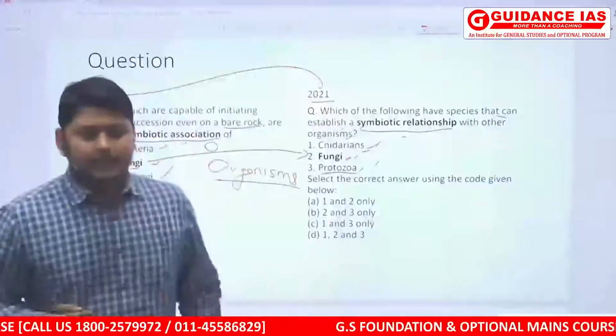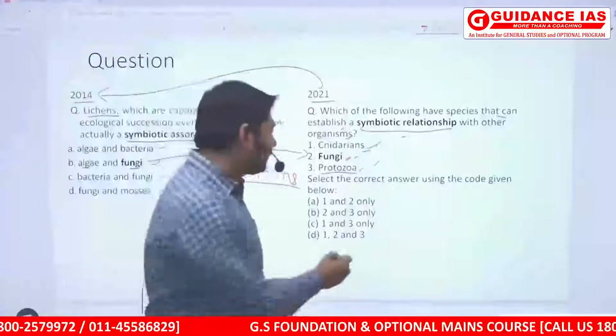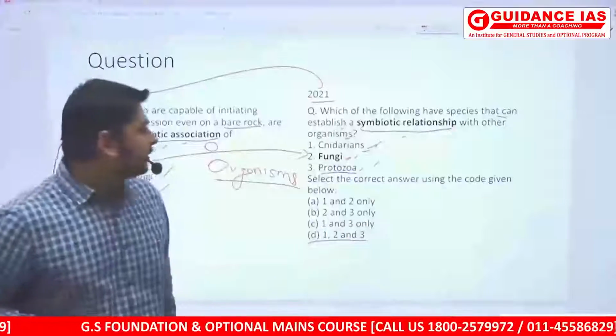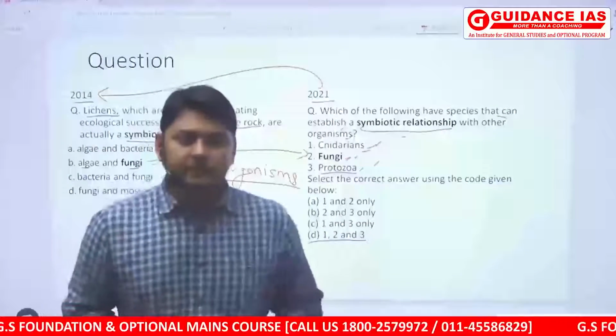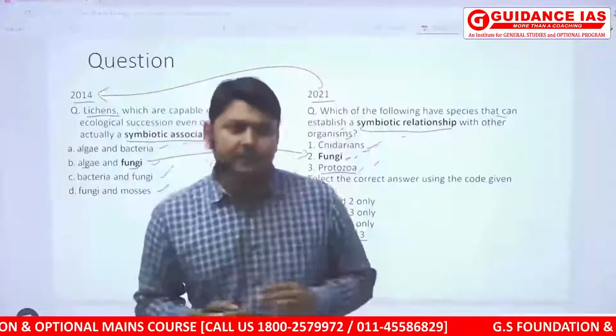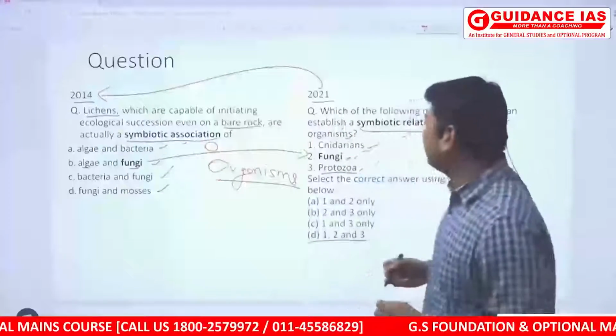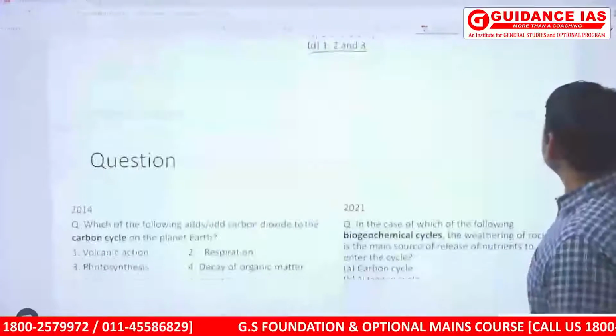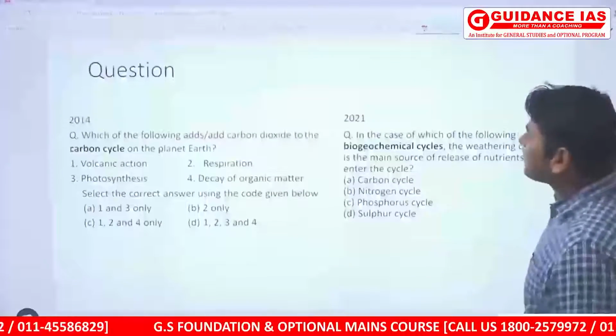So all of them have symbiotic relationships with other organisms. We need to have an analysis, and we will be helping you with how you have to make an approach in these questions.